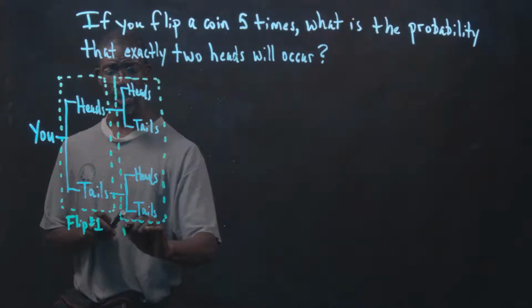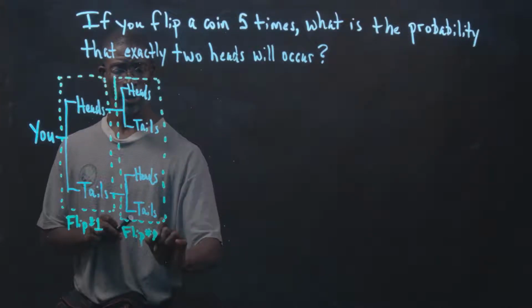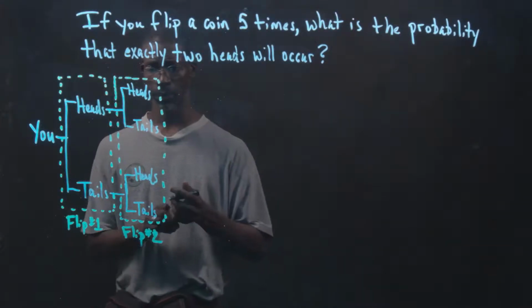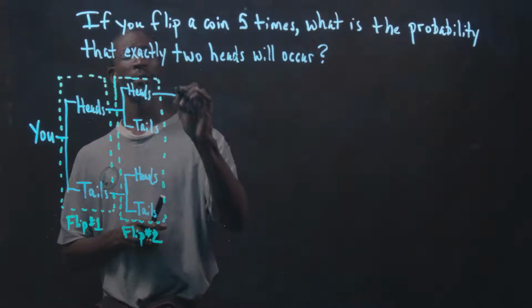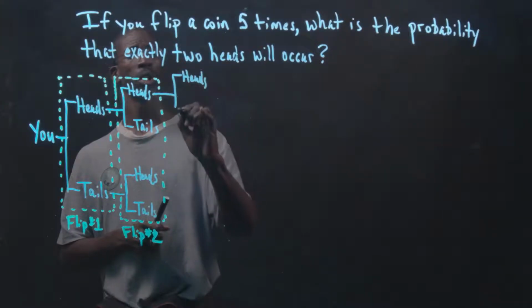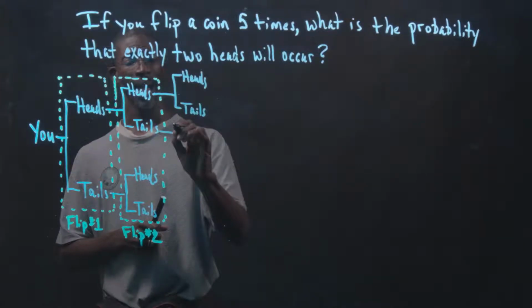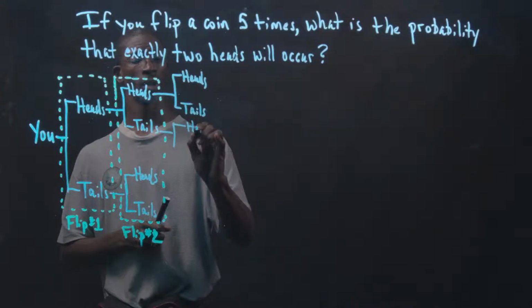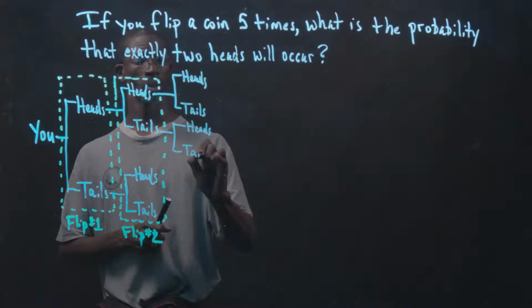And we need to continue because we need to have 5 flips. So from here, I have option either a heads or I have a tails. Here, I have either a heads or I can result at tails.